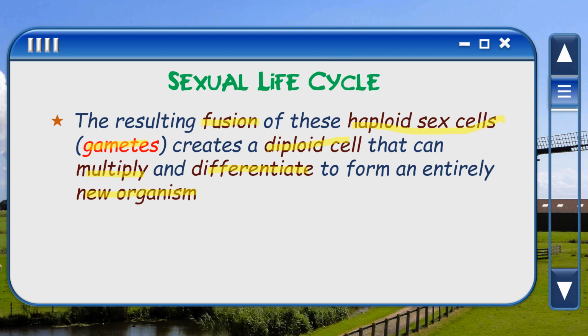It now has the full number of chromosomes. That is what we call the diploid cell, and it can multiply and differentiate and form a new organism.